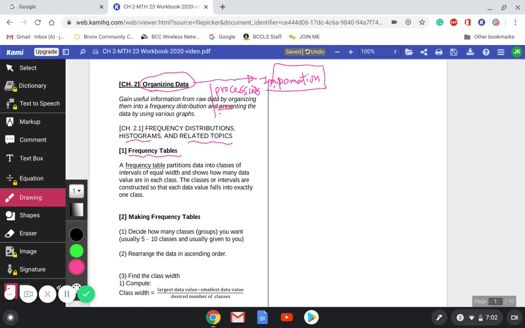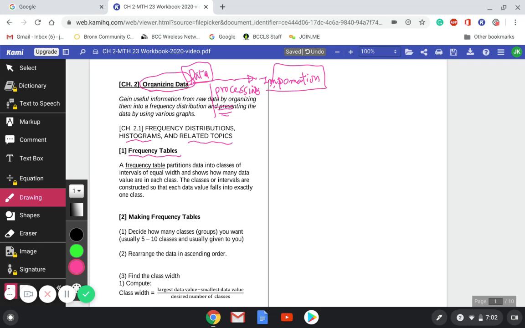One of the ways of processing is organizing the data. And one particular way that we use a lot is something called a frequency distribution table.